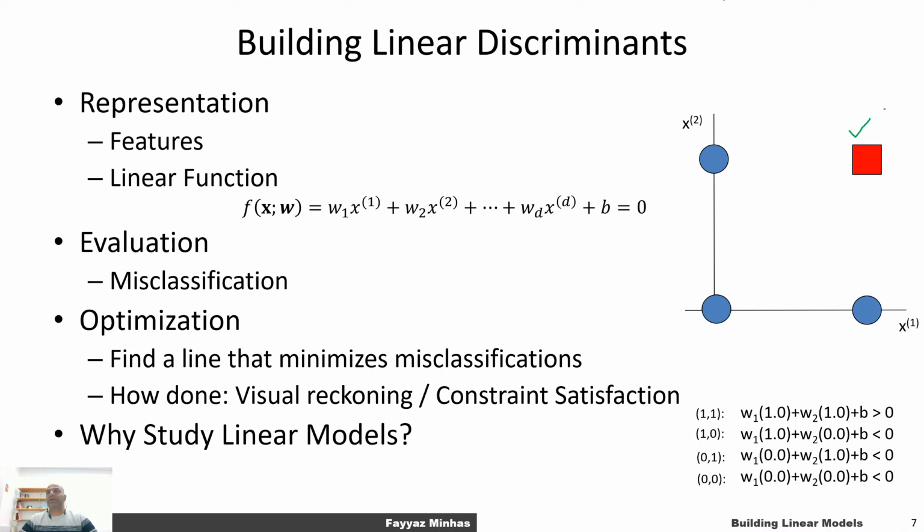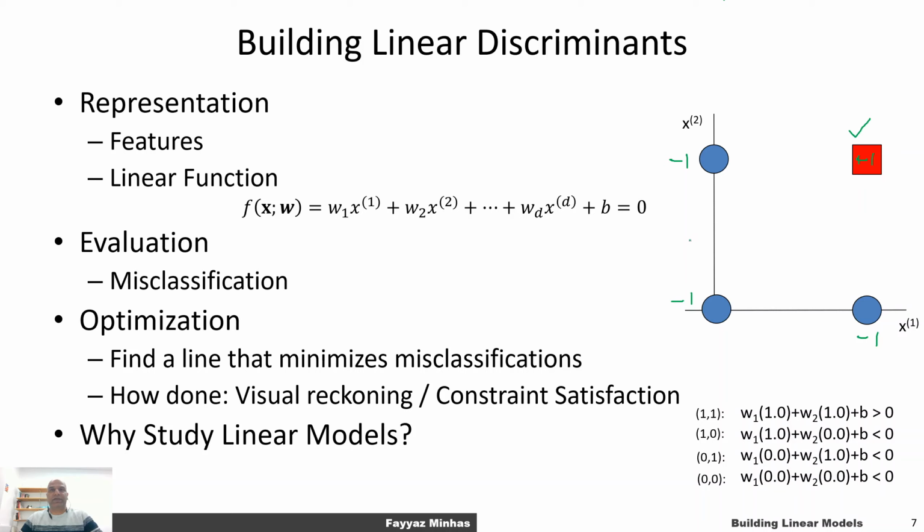So this is our example 1, 1. For this particular example, we want to generate a prediction label of +1. And for all these examples, we want to generate labels of -1.